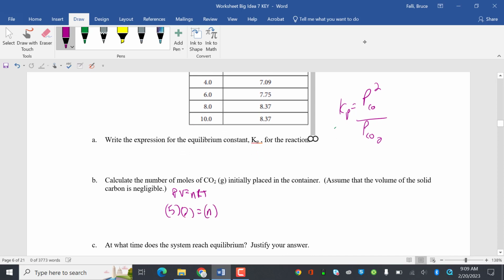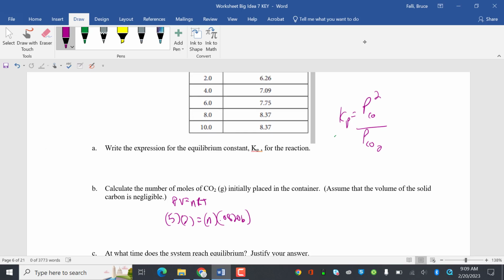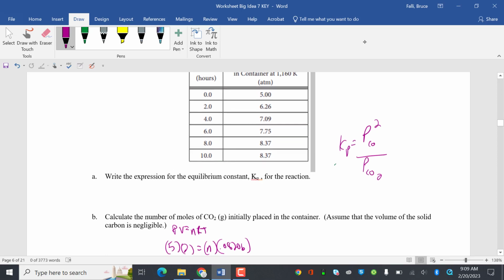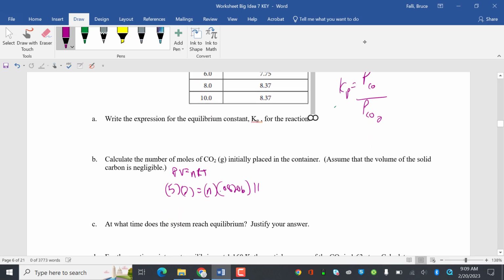N, 0.08206, the R value given on the equation sheet, and 1160. So 10 divided by 0.08206 divided by 1160 equals N equals 0.105 moles.